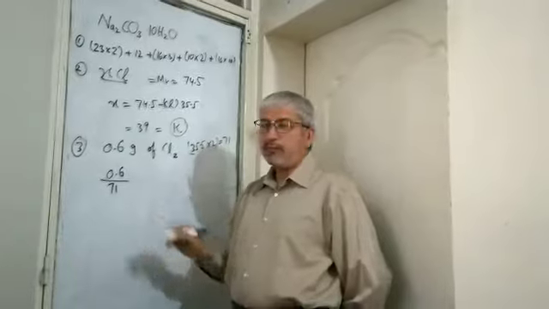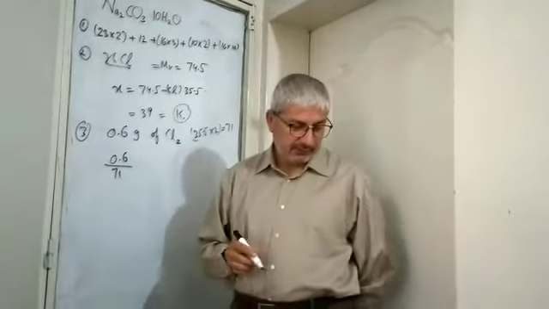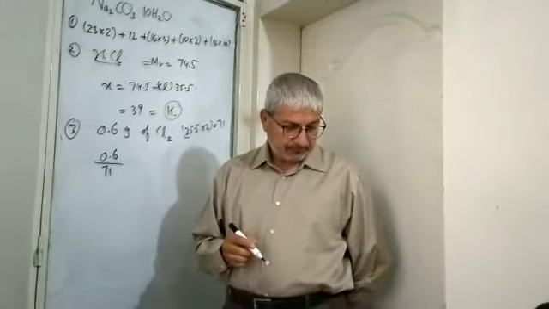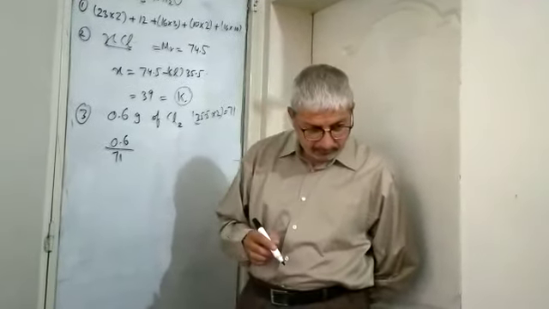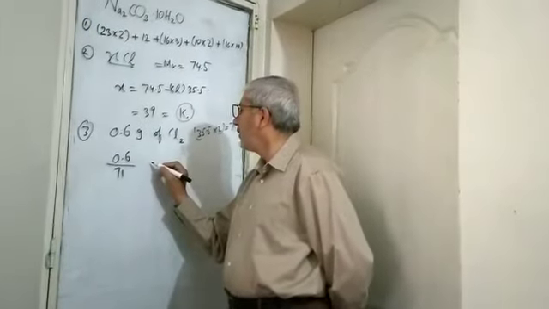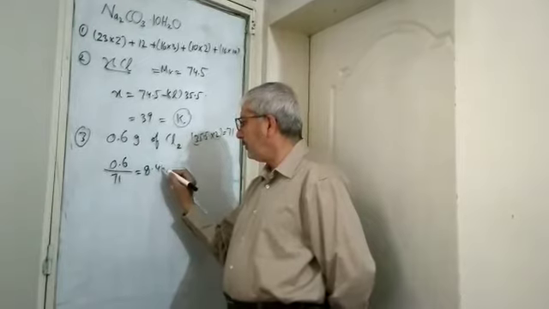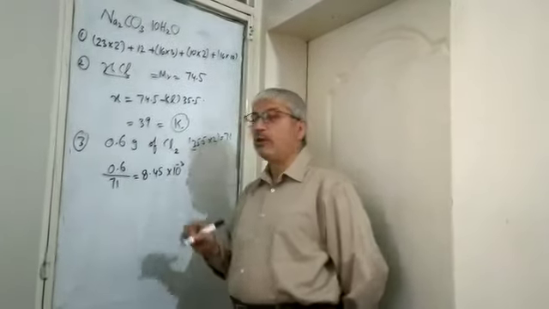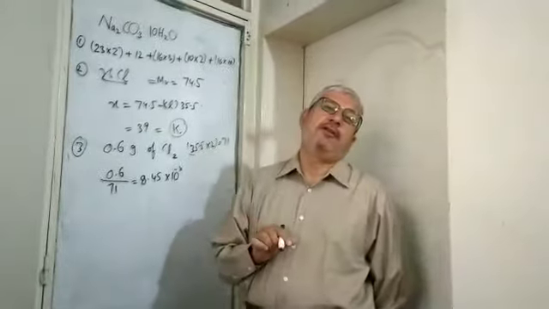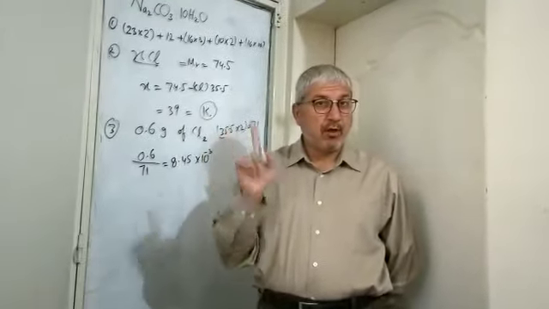It will become the number of moles. What will be the answer of this? 0.6 divided by 71 is 8.45 multiplied by 10 to the power of minus 3 moles. Now this is the number of moles of chlorine, and they are asking about the number of molecules.